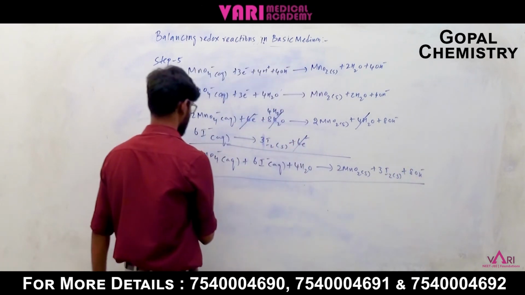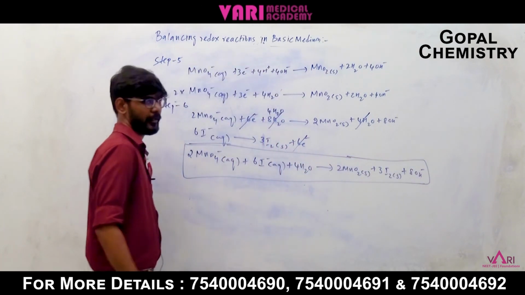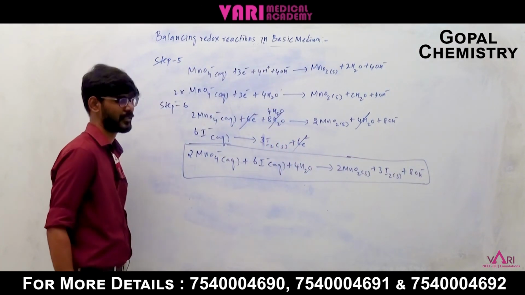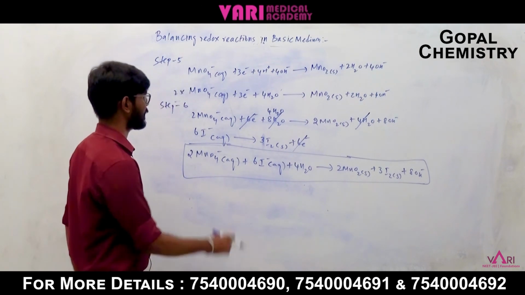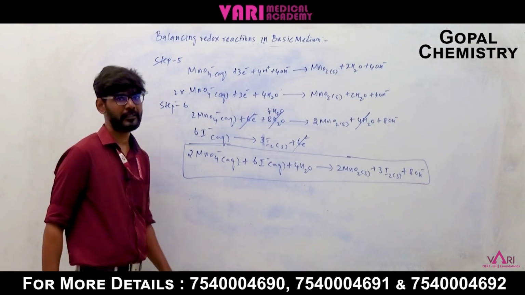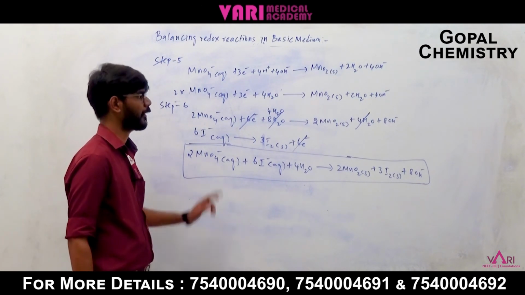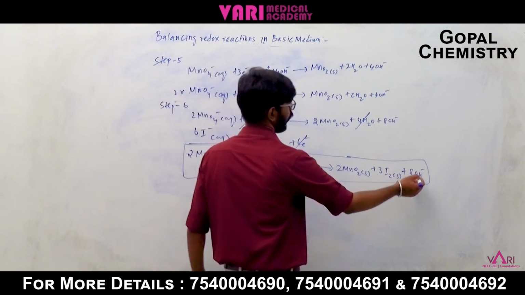This is the resultant equation which explains balancing a redox reaction in basic medium. This is how we have to balance the redox reaction whenever it occurs in basic medium. In basic medium we will have OH minus ions.